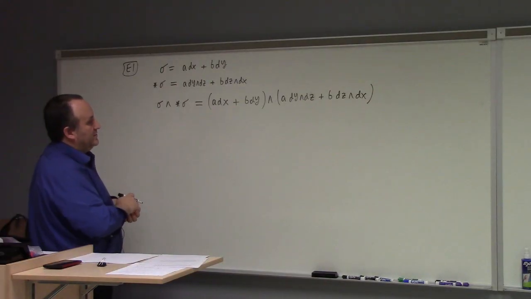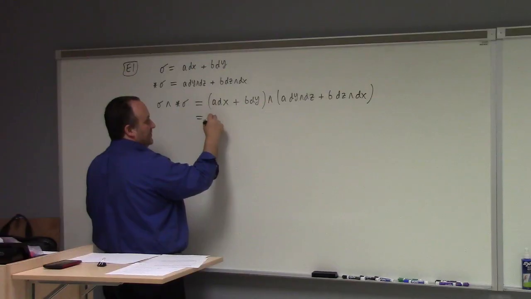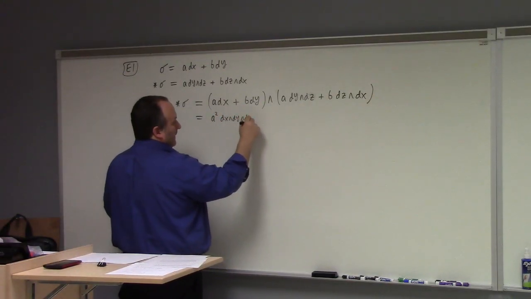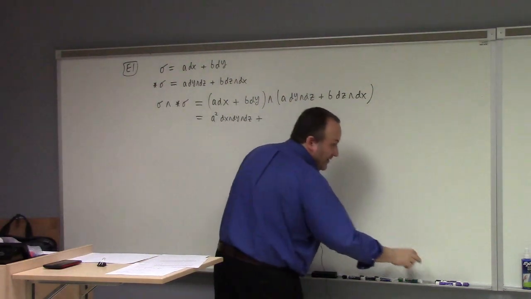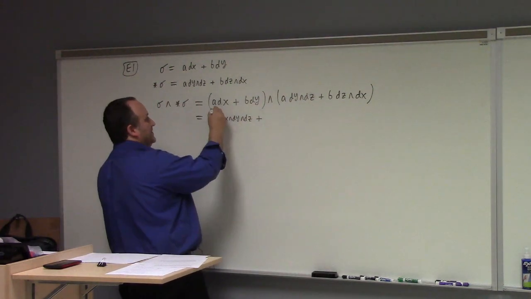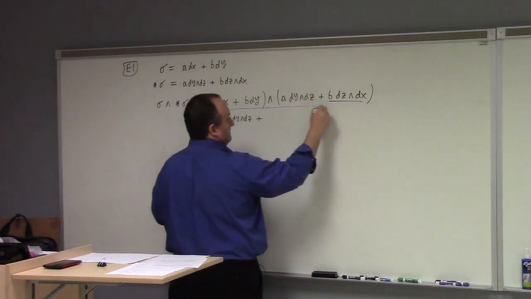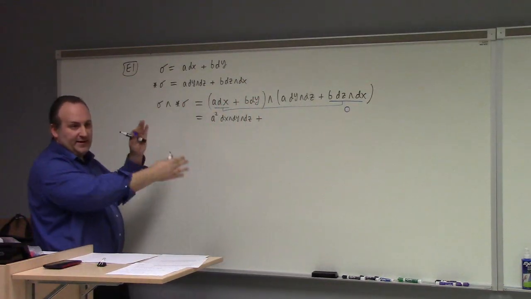And, okay, so what do I get? I get a times a, right? A squared dx wedge dy wedge dz. And then notice that when I wedge this piece here with that piece over there, what do I get? I get 0, right? Because I've got a repeated dx.